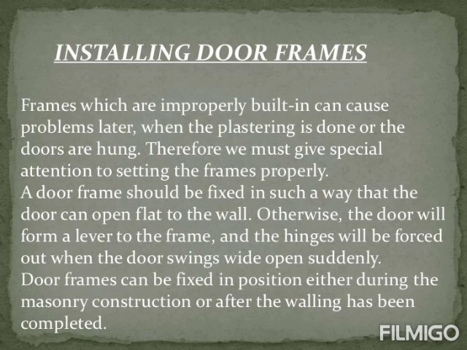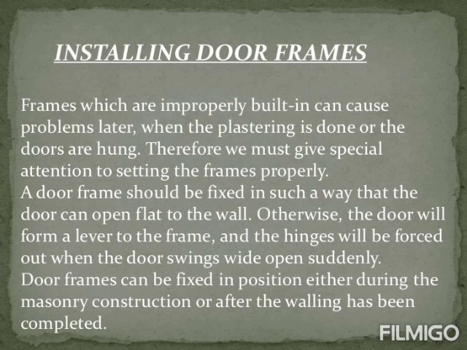Installing door frames. Frames which are improperly built in can cause problems later when the plastering is done or the doors are hung. Therefore, we must give special attention to setting the frames properly. A door frame should be fixed in such a way that the door can open flat to the wall.